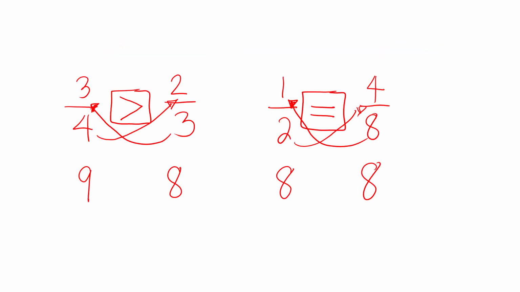Okay, I'm gonna go back to this example first. What if you're given 3 and 1/4, and I compare this with 20 over 4? How do I compare this? One is mixed, the other one is improper.